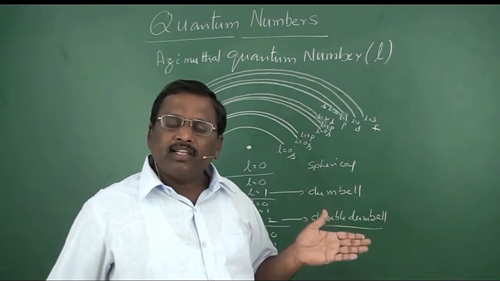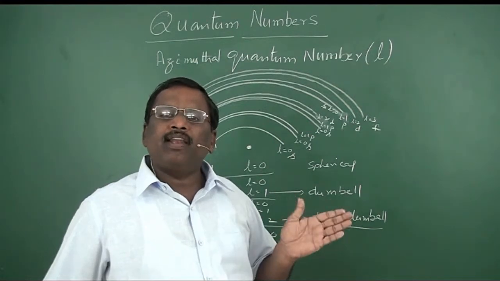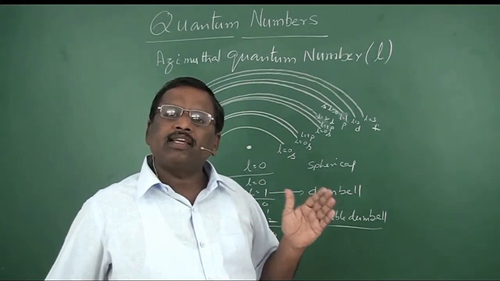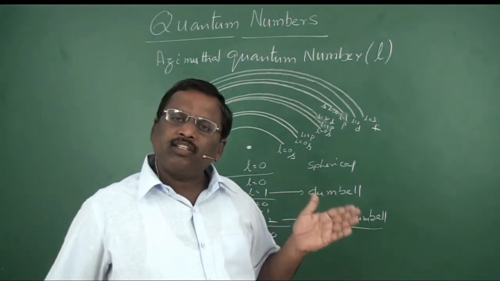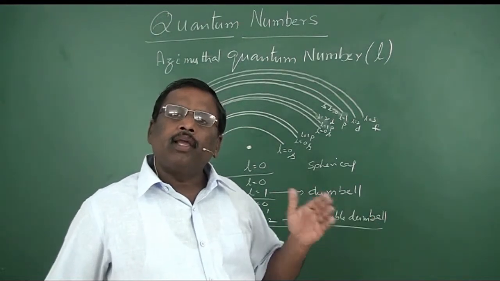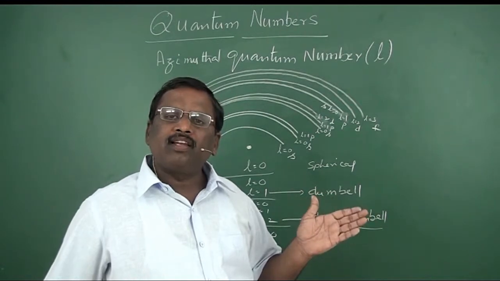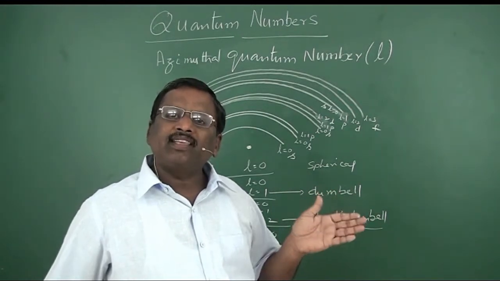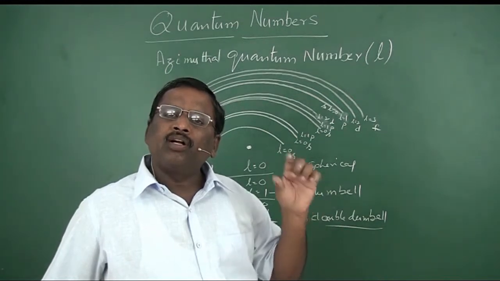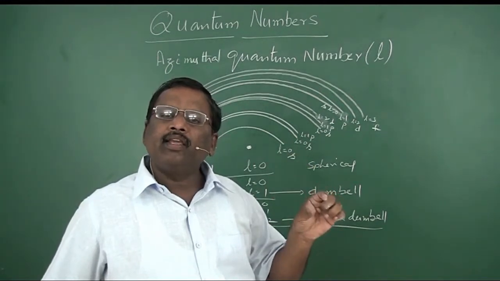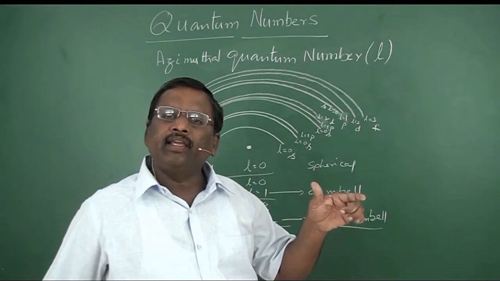In the third main energy level, we have 3 sub-energy levels. They are l is equal to 0, l is equal to 1 and l is equal to 2. l is equal to 0, s sub-energy level. l is equal to 1, p sub-energy level. l is equal to 2, d sub-energy level. That means in the third main energy level, we have 3 sub-energy levels, namely s, p, d.